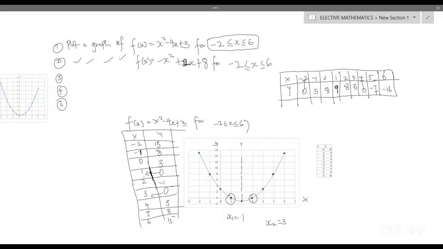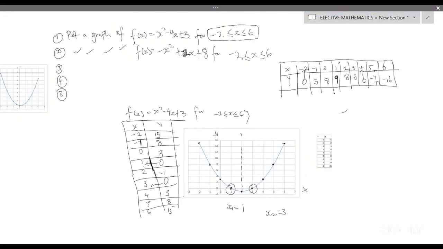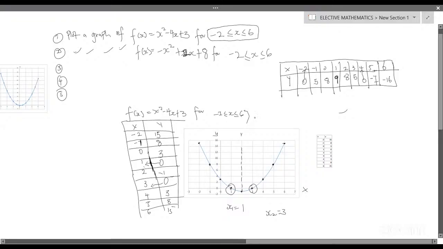What are you done? You're the one we are waiting for. Okay. So what you are going to do before tomorrow is that you are going to plot this graph.